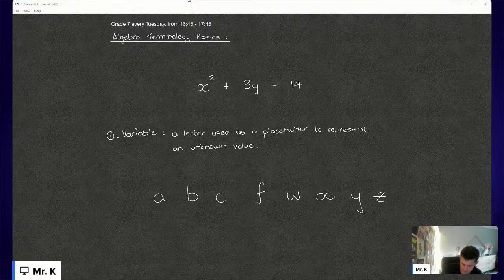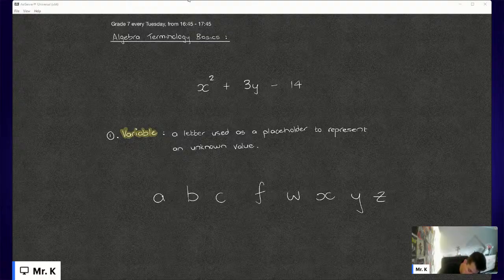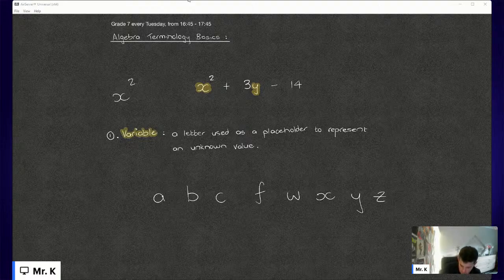Now, if you guys do have some kind of color, you can either highlight or underline, but where in this expression that we have at the top of the screen over here, do we find our variables? Well, we have an X over here, and we have a Y over here in the middle. Please pay attention to how I am not highlighting the entire x squared.